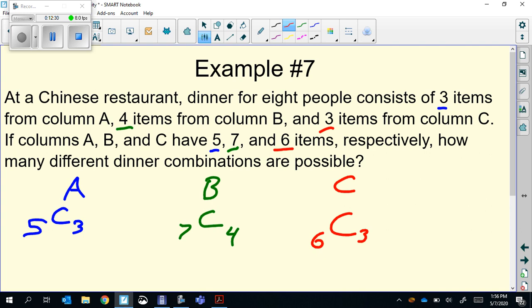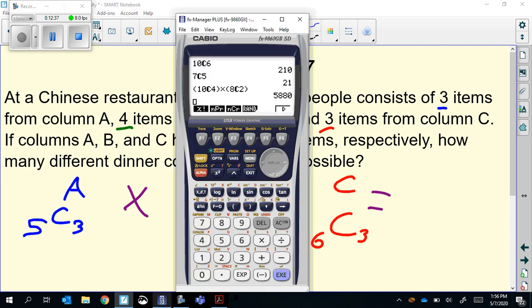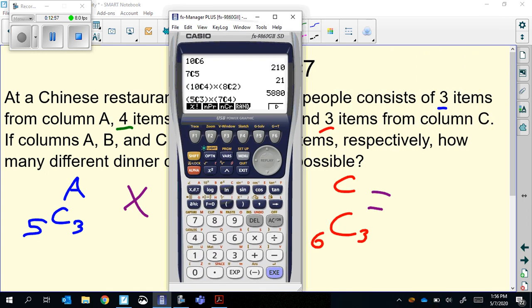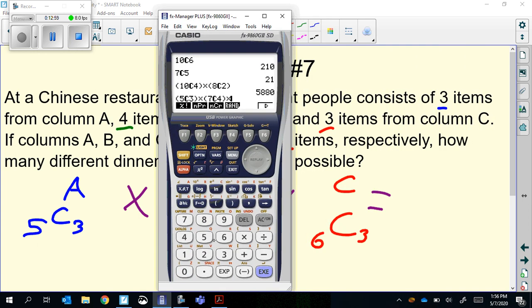Again, this is the counting principle, so we have to multiply all these options to get our total. So, again, let's use parentheses just to be safe. 5C3 times 7C4 times 6C3.